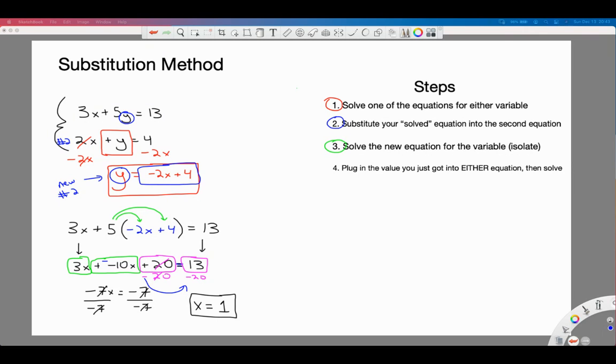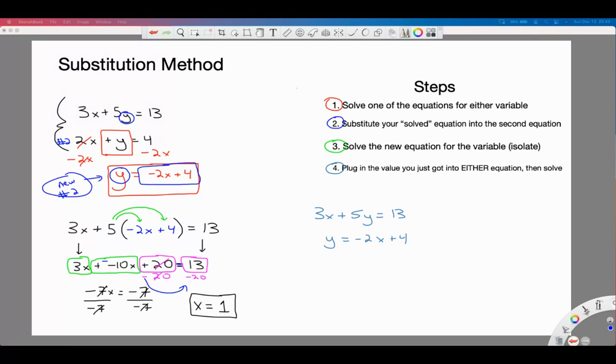Okay. But now we have to figure out what y equals. So the way we do that is by doing step 4, which is plugging in the value we just got into either of the equations and solving. I'm just rewriting the 2 equations here again. Notice how I wrote the new number 2 equation here instead of the original one.